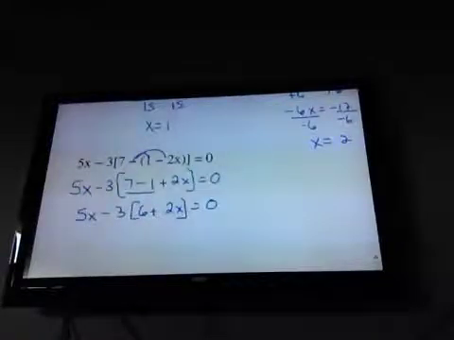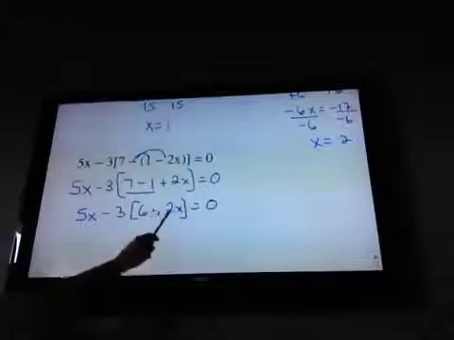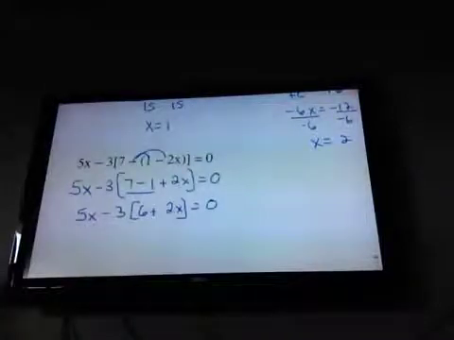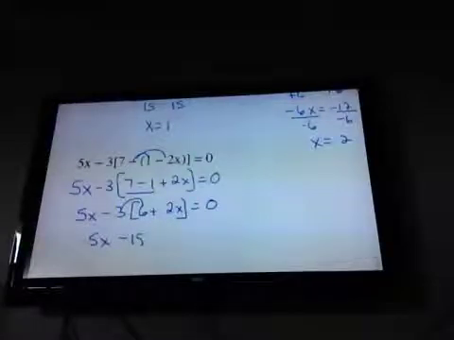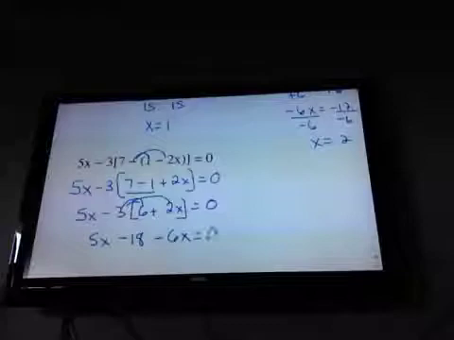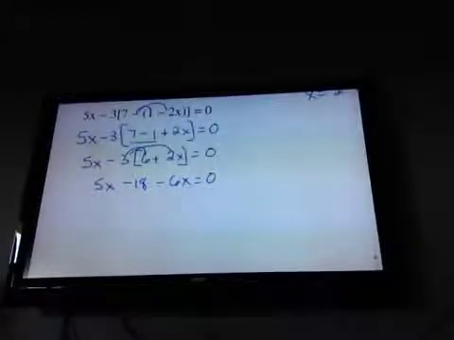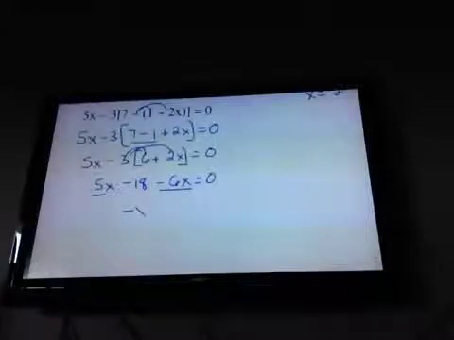Now I have a distribution again. My -3 times my bracket. So -18 minus 6x equals 0. Collect your x's, and I have -x, -1x if you want.